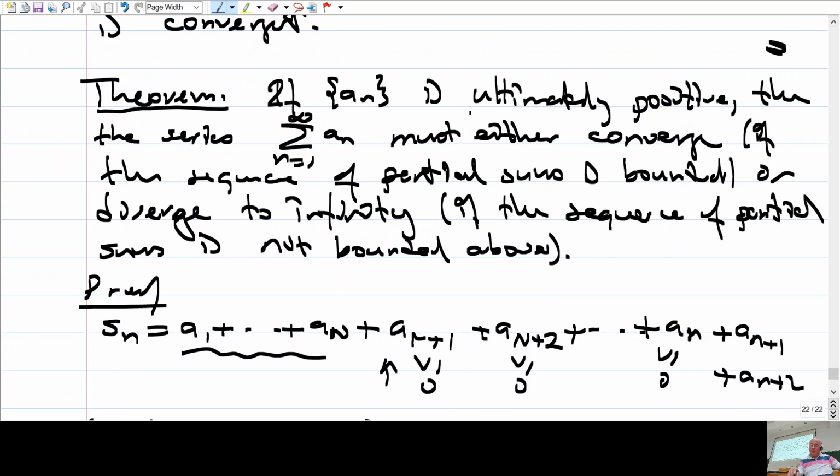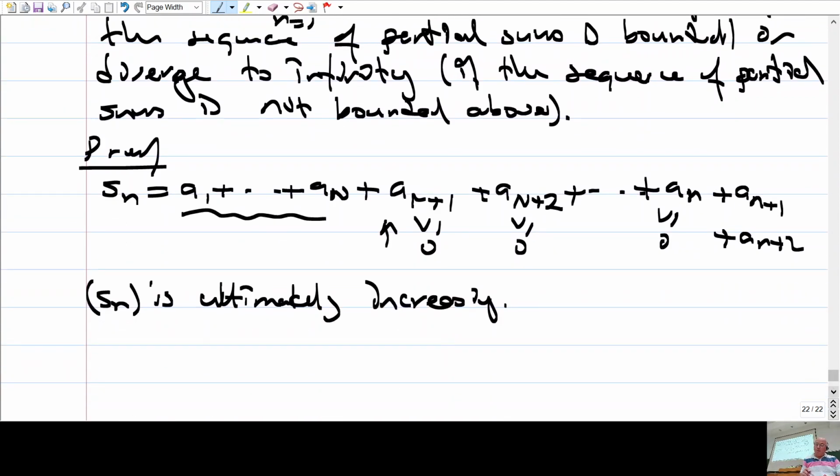If you have an ultimately positive series, then this series, which is the limit of partial sums, either converges if the sequence of partial sums is bounded, or diverges to infinity if the sequence of partial sums is not bounded above. Okay? The book doesn't give proofs for these, and I am not giving you the proofs, but I am just giving you the idea why these are true.